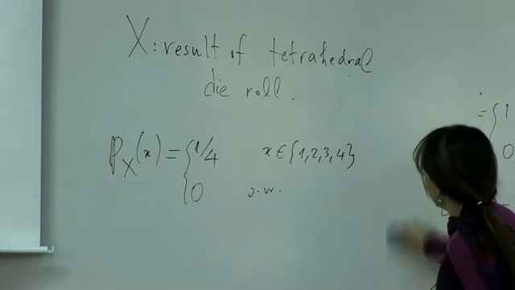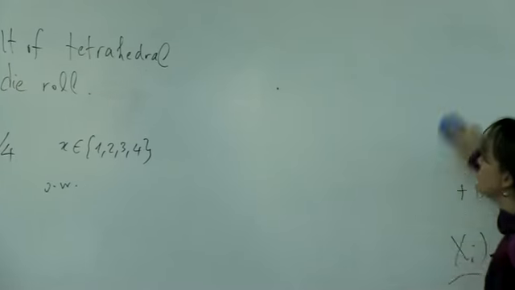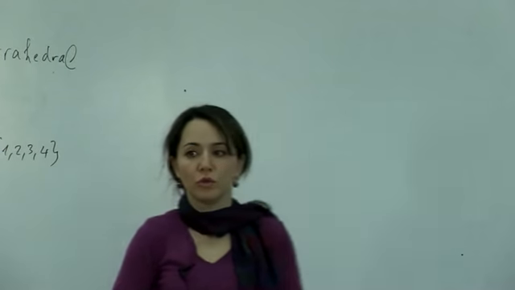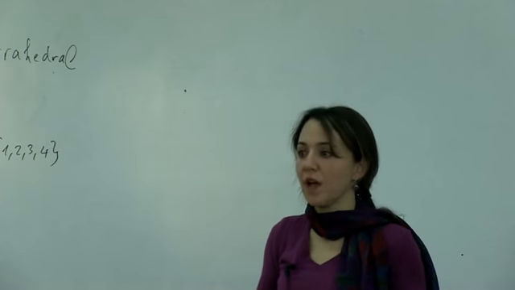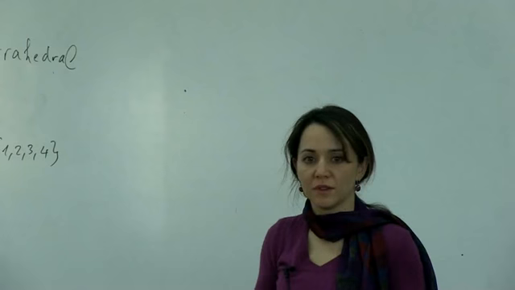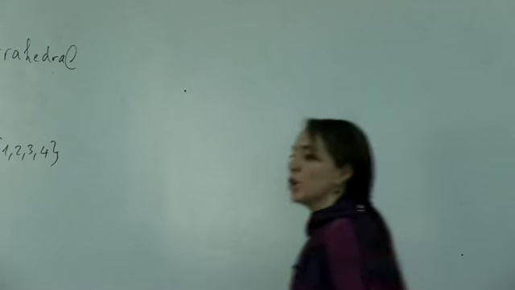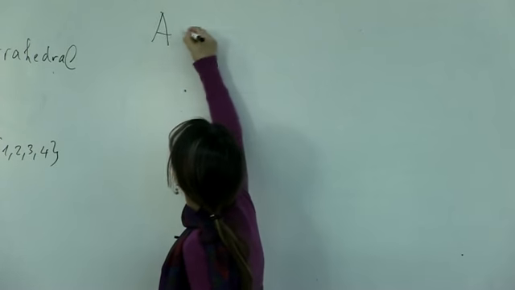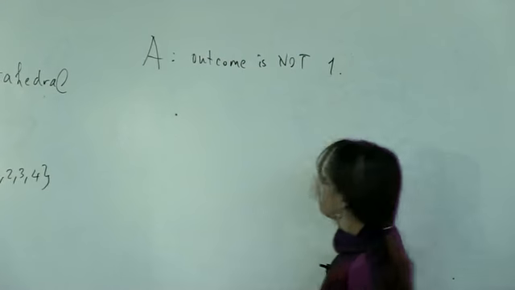Now we are given that the die roll did not result in a 1. How likely is the value 1? Its probability is 0. How likely is the value 2? 1 over 3. So that's the idea. It's quite intuitive because you already know what conditional probabilities are. A is the event that the outcome is not 1.